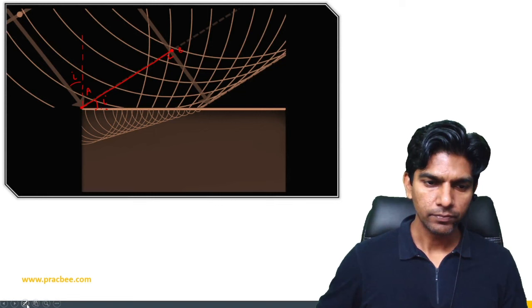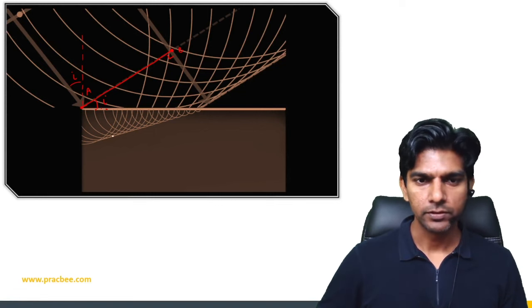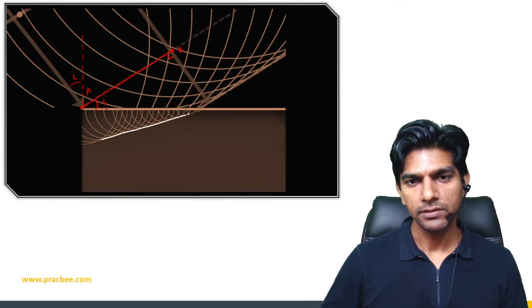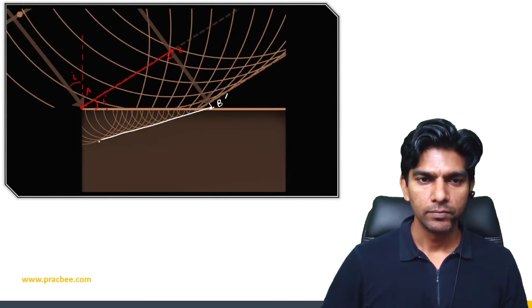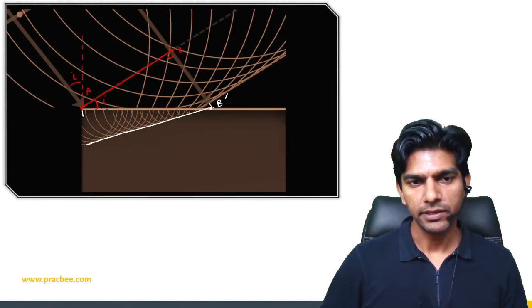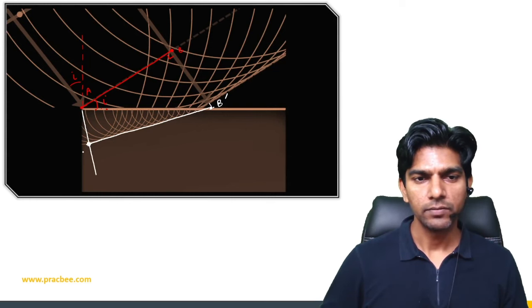Now if I draw a refracted wavefront, so we can say this is the refracted wavefront, right? And I'm calling this point as B prime. And let us say this is the ray, refracted ray, and this point as A prime.